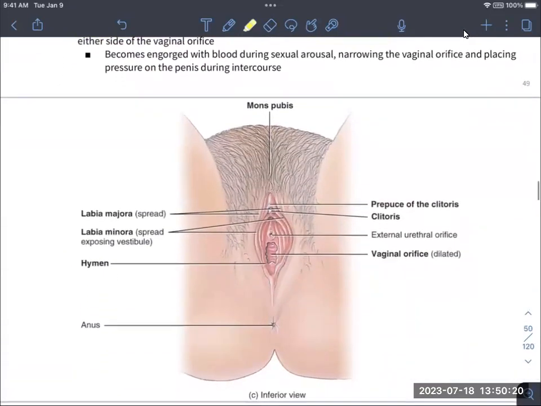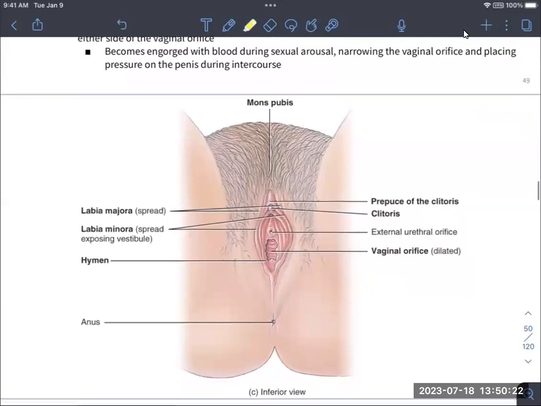So if we look, that mons pubis is in the front. It's a lot of fat that's going to protect that pubic symphysis. We have the prepuce of the clitoris, and underneath it, we have the clitoris. We can see the labia majora, which are the two larger folds in that skin.